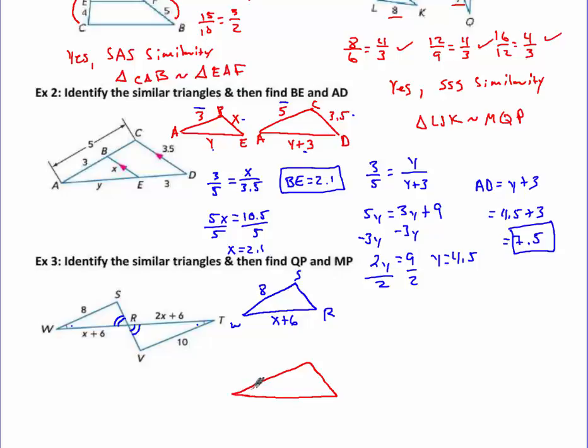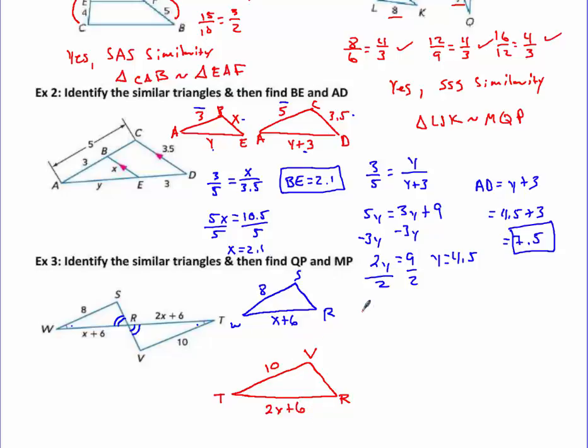Right? So the R is this one still, V, and T. And you want to get used to being able to draw these things facing the right way, and all of them pointing the same way. So make sure you understand how to do this. So this is 10, and this is 2x plus 6.